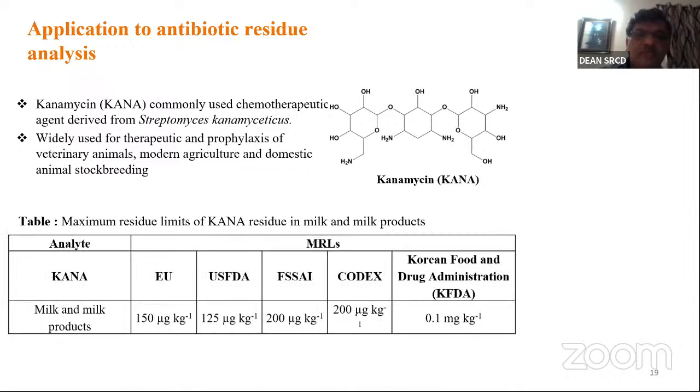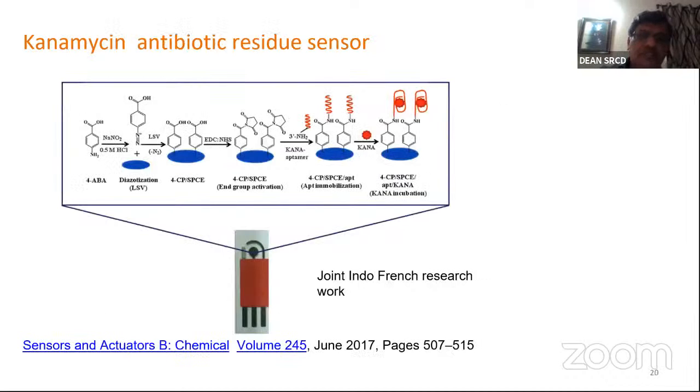And if you are able to detect them, meeting the EU standards recommended, or maybe the Indian standards, which is the third one, FSSAI, and provide those sensors to the industry, probably the food safety quality aspect, which is another important EU and India collaboration opportunity, not for me, but for BITS and Telecom France to look at, could be an interesting platform. So we demonstrated one such antibiotic residue sensor with this work.